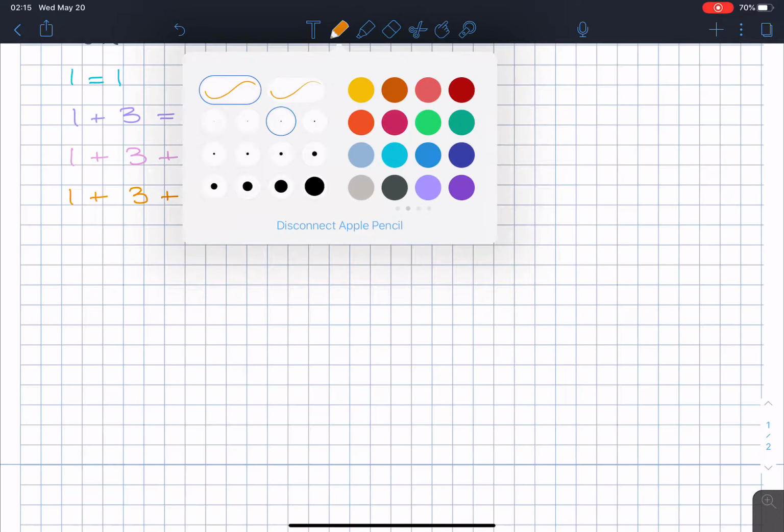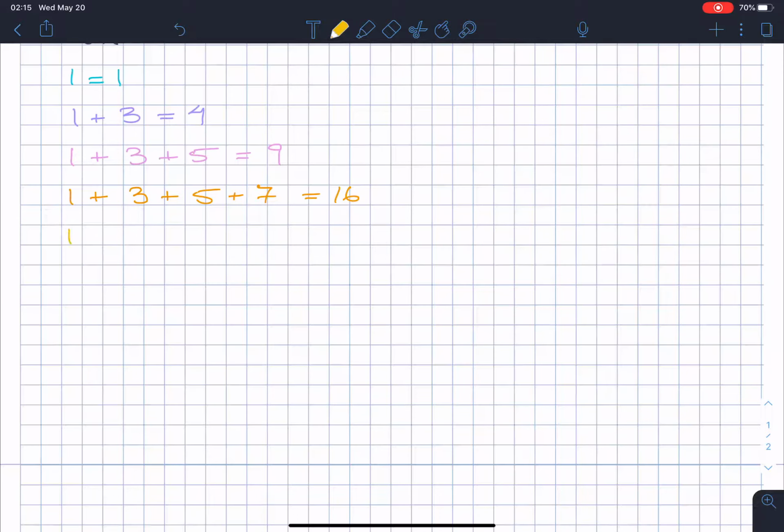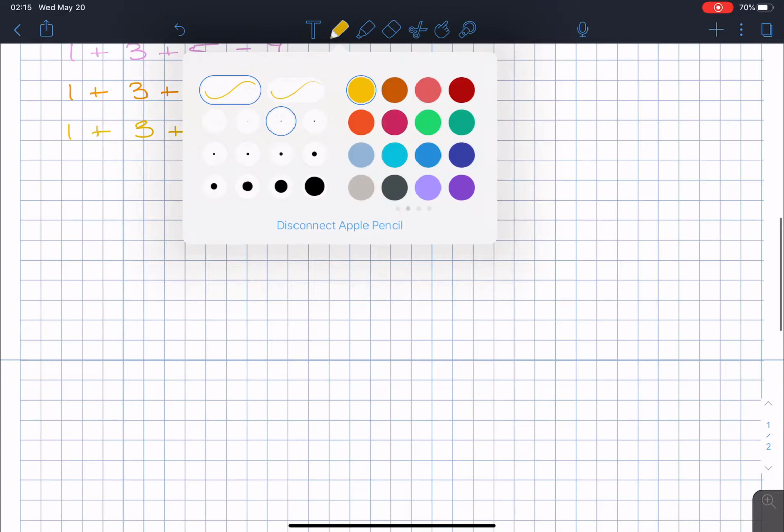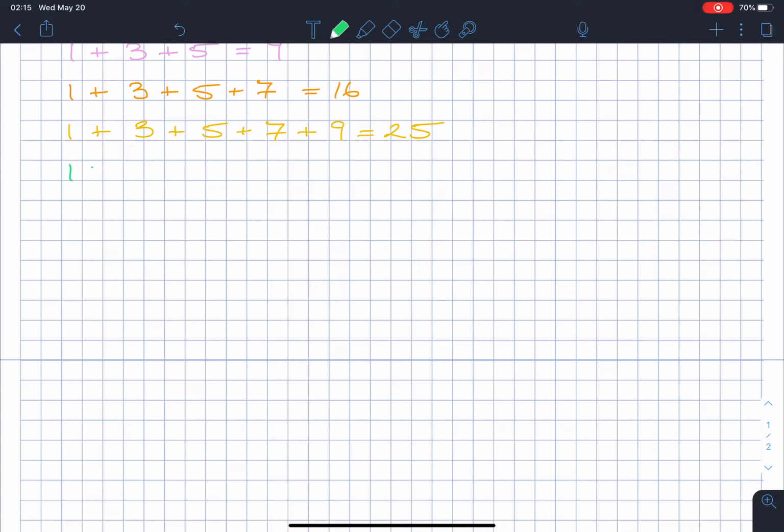Now let's do 1 plus 3 plus 5 plus 7 plus 9. So that's going to be 25. One more for good measure, shall we? 1 plus 3 plus 5 plus 7 plus 9 plus 11, so that's going to be 36.